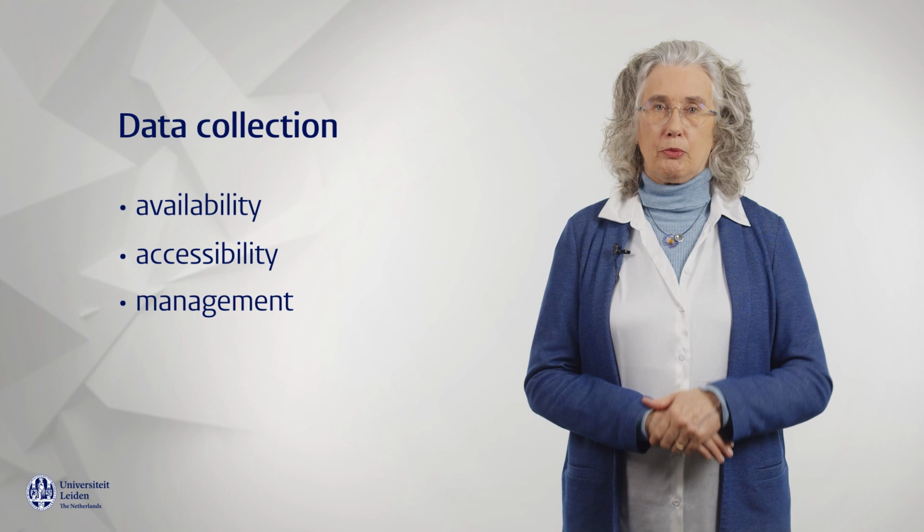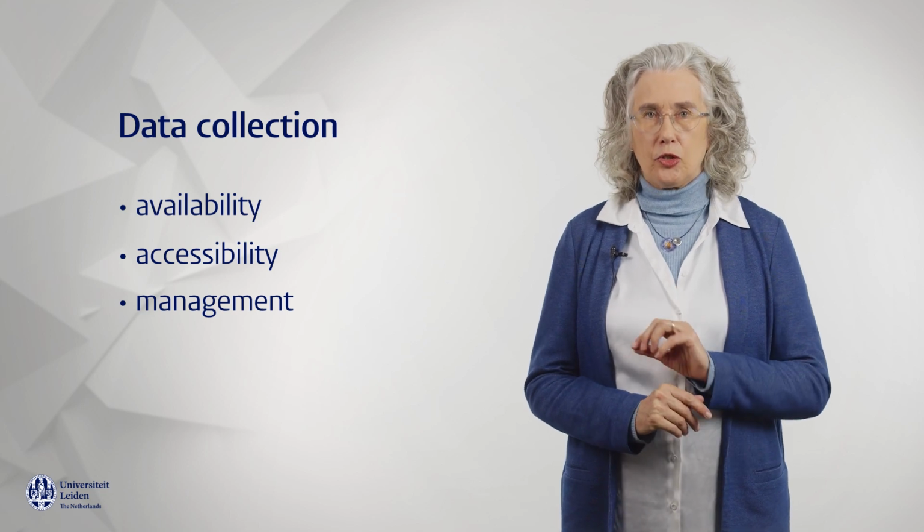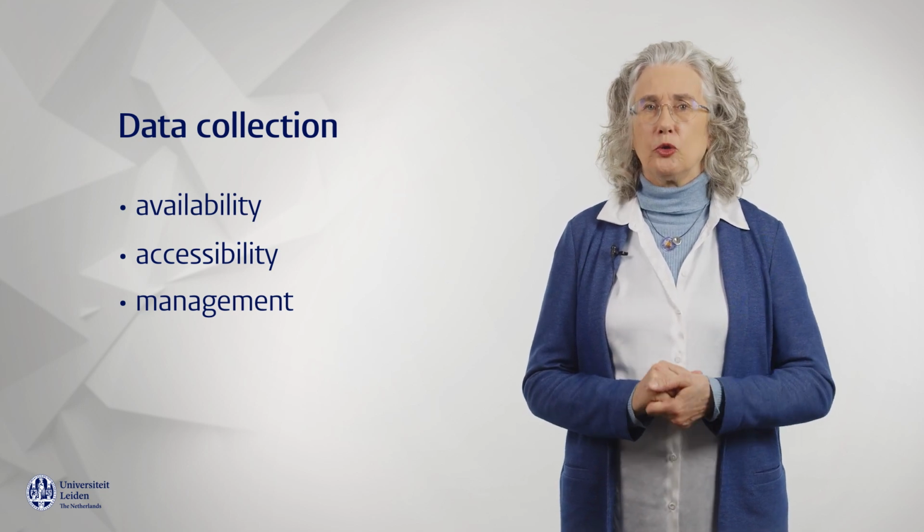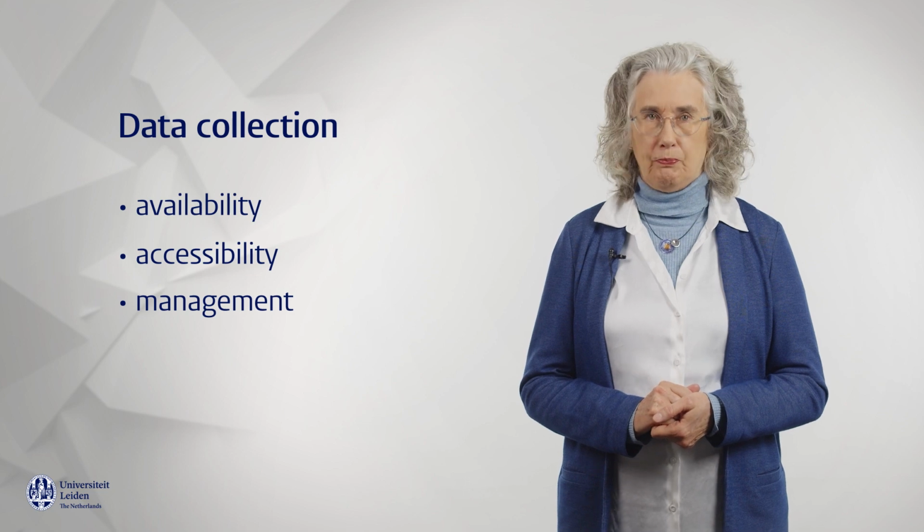For the success of your project, it's essential to make sure the material you want to use is available. For instance, if you want to research the subtitling of the popular Turkish historical series Magnificent Century, broadcasted in Indonesia, you must have access to the subtitled episodes, which might not be available on YouTube or Netflix.